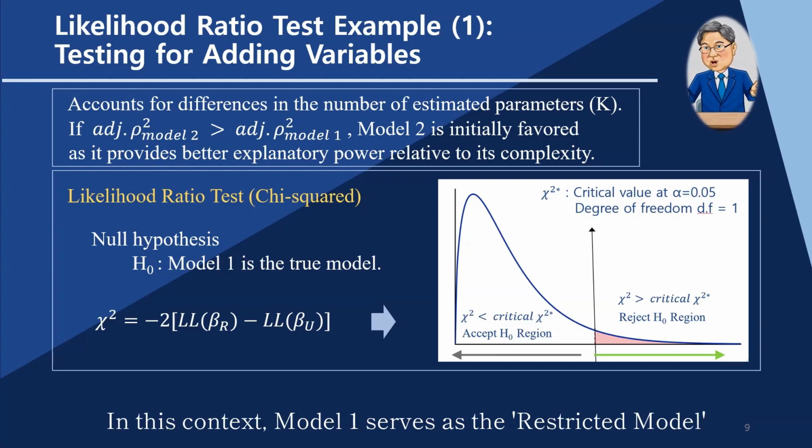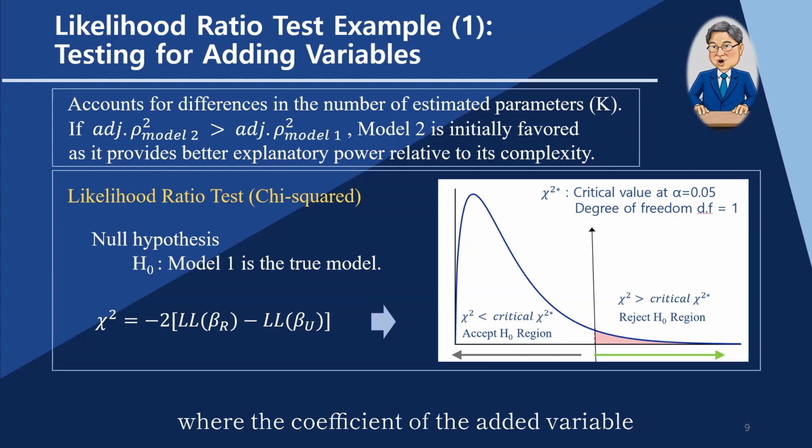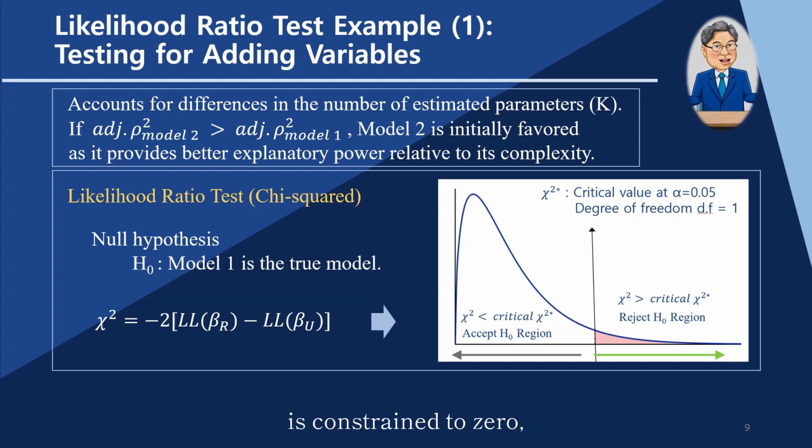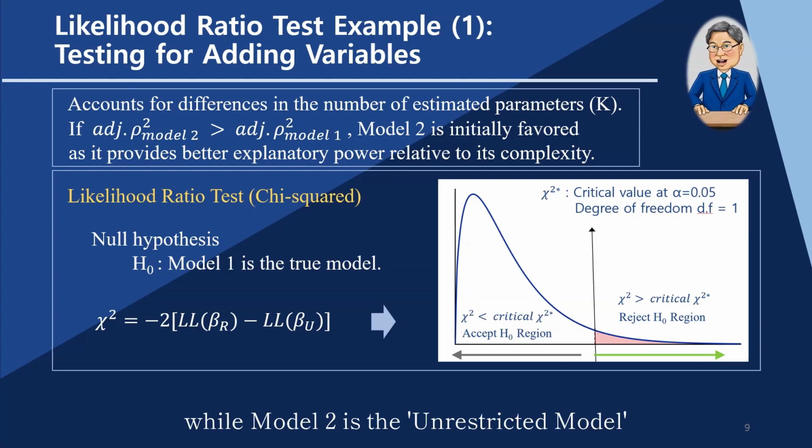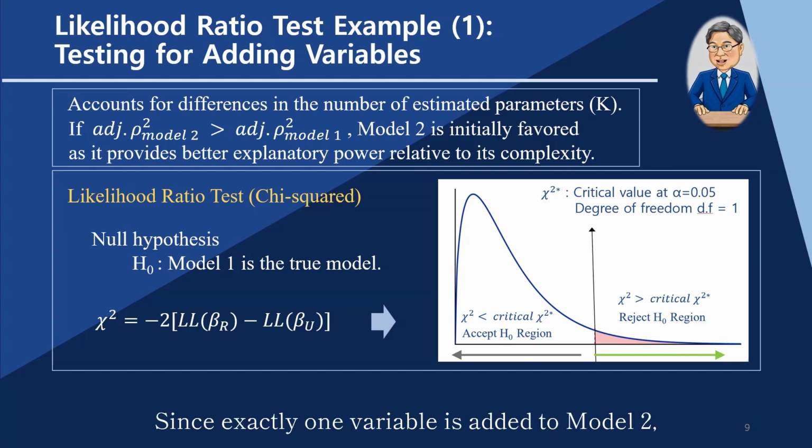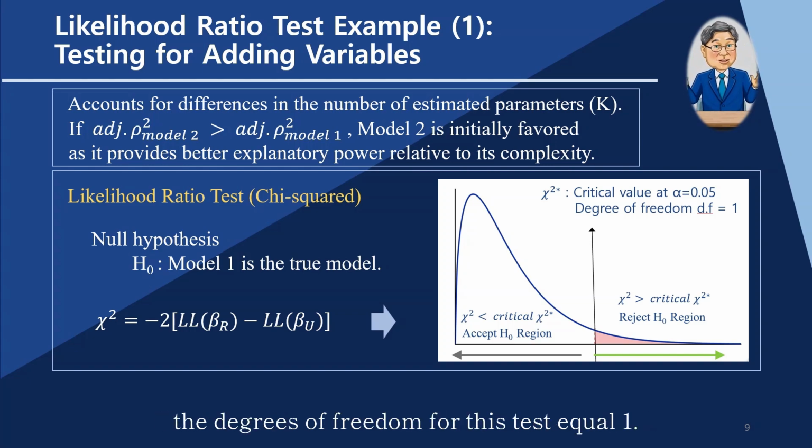In this context, Model 1 serves as the restricted model, where the coefficient of the added variable is constrained to 0, while Model 2 is the unrestricted model, where all coefficients are freely estimated. Since exactly one variable is added to Model 2, the degrees of freedom for this test equal 1.